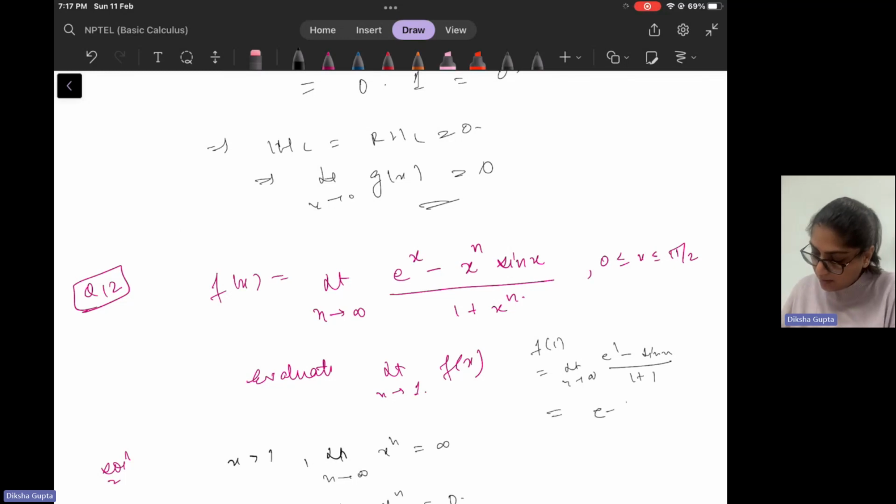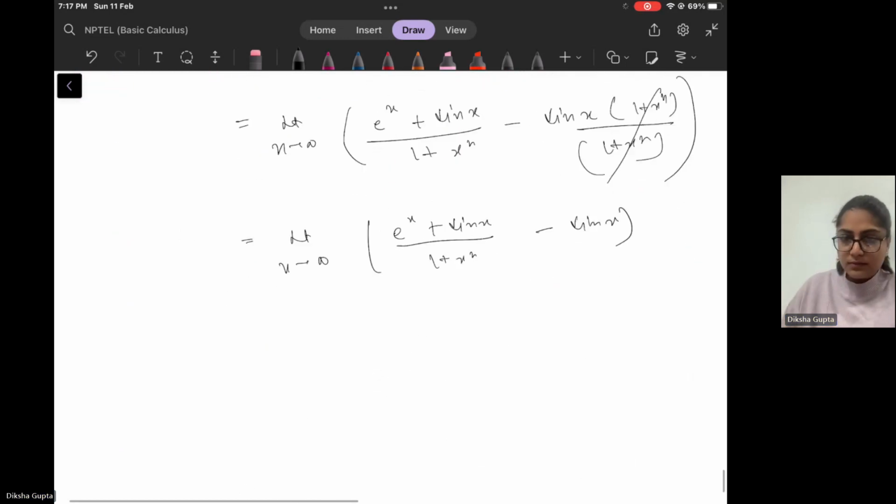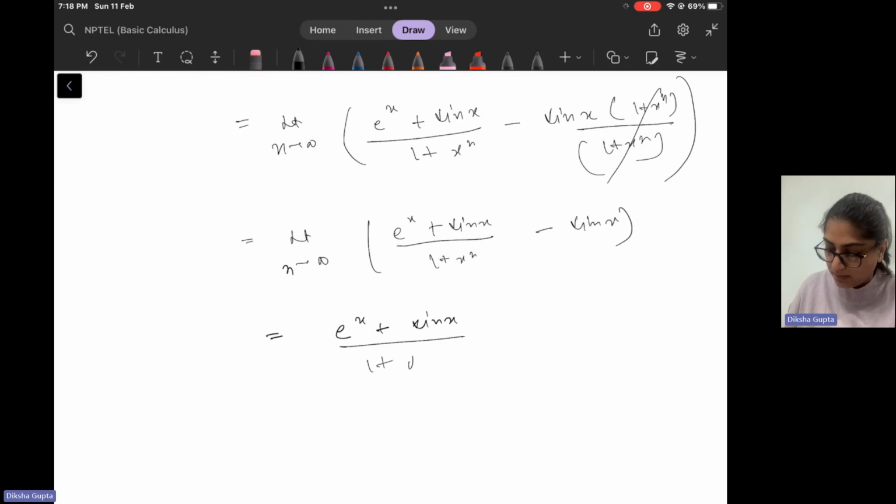So this is e minus sine x upon 2. Okay. So now when x is less than 1, also n tending to infinity, x is fixed here. So this will be (e^x + sin x)/(1 + limit n tending to infinity x^n) minus sin x.